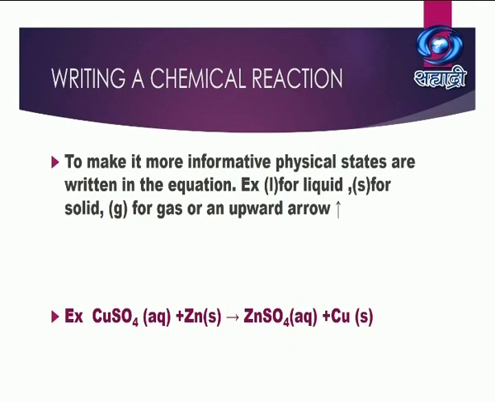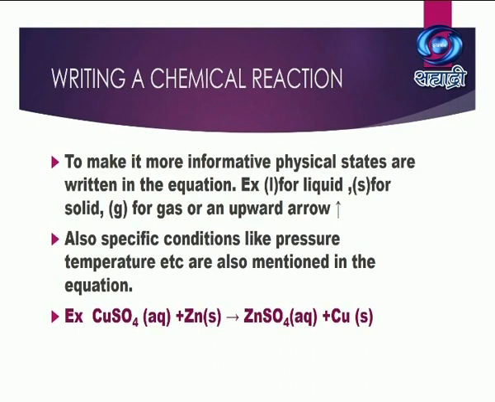In the reaction given below, you can see I have written copper sulfate (aq), that is aqueous solution, that means a solution made in water, plus Zn, I have written in bracket (s), that means it is in solid form. We get ZnSO4, that is zinc sulfate, again in aqueous form, and Cu, that is copper, in solid state. So we can make the chemical equation more and more informative.